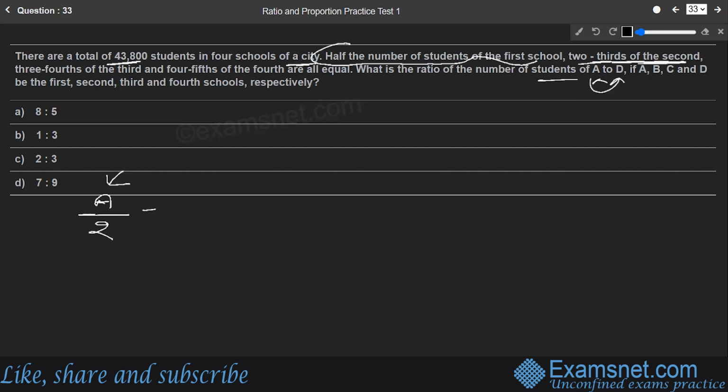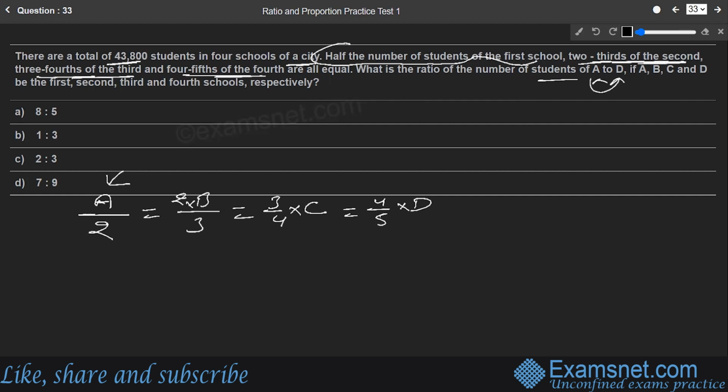The second school's students were assumed to be B, so that is 2 by 3 times B. This is also equal to 3/4 of the third. 3 by 4 times the third school's strength, assumed to be C. This is also equal to 4/5 of the fourth, that is 4 by 5 times the fourth school, D. So this is the connection we have.